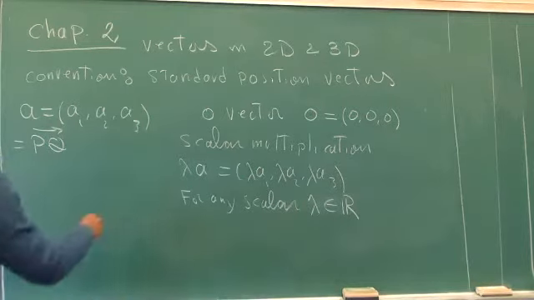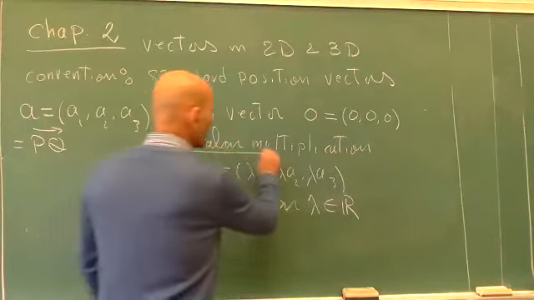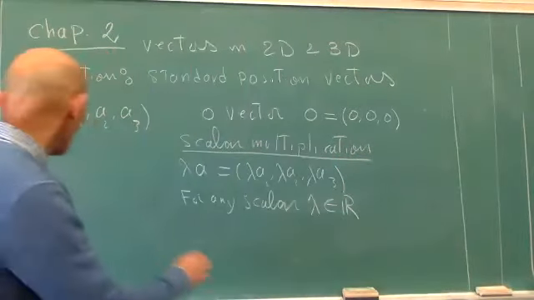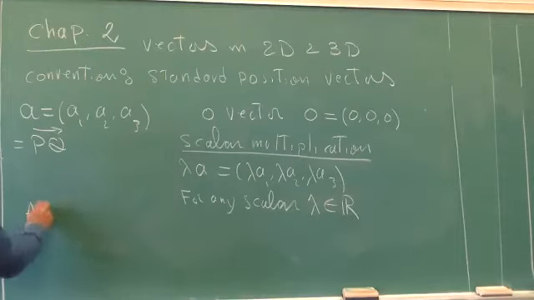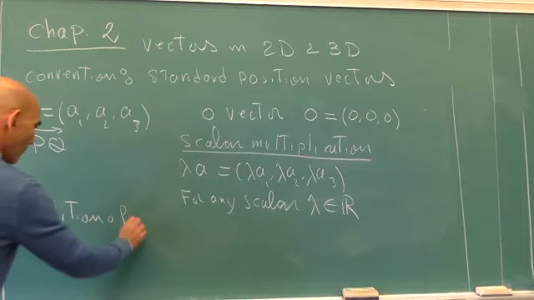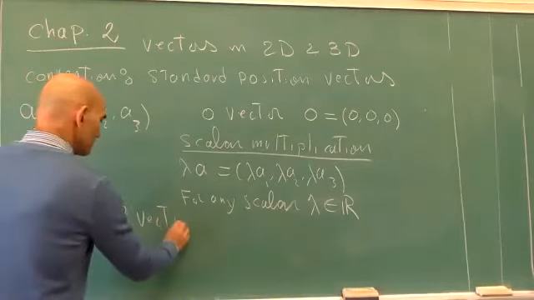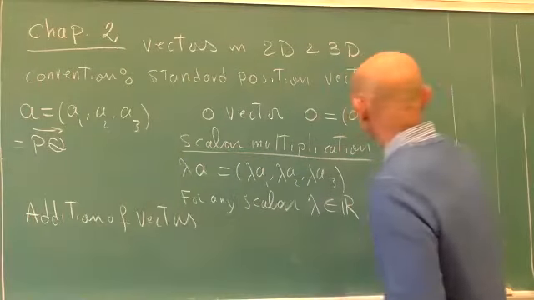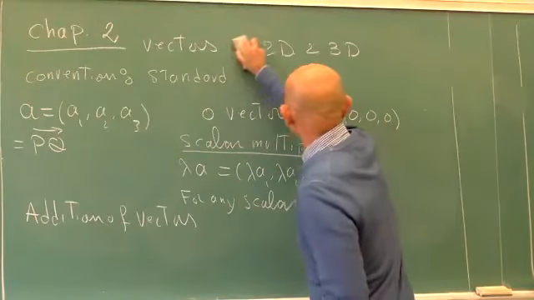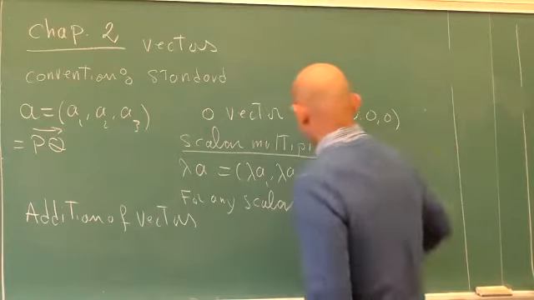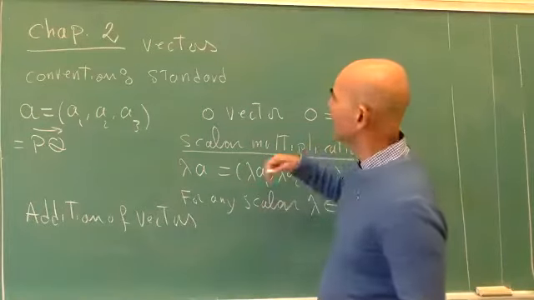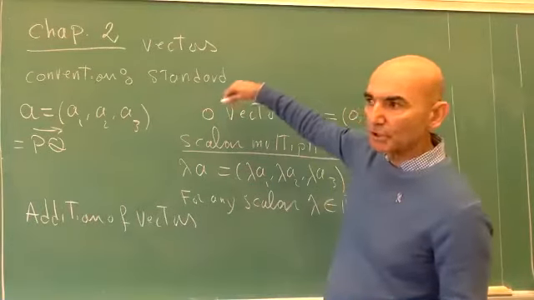Okay, very good. So we have that. Now, this is a scalar multiplication operation. Another operation is addition of vectors. By vectors here, we really mean these standard position vectors, right?